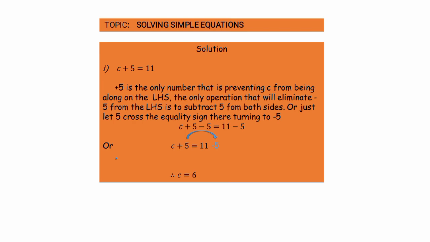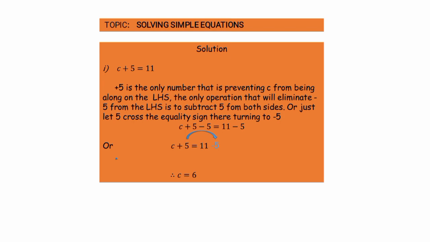If you have plus 2, if it crosses, it becomes minus 2. If you have minus 11, if it crosses, it becomes plus 11. So any number that crosses the equality sign, the sign attached to it, either minus or plus, interchanges. If you have minus, when it crosses, it becomes plus. If you have plus, when it crosses, it becomes minus.